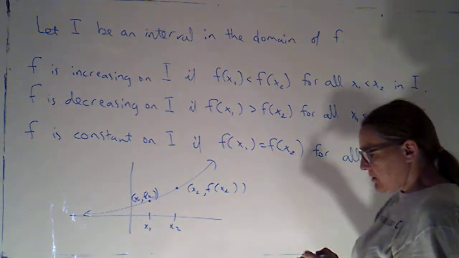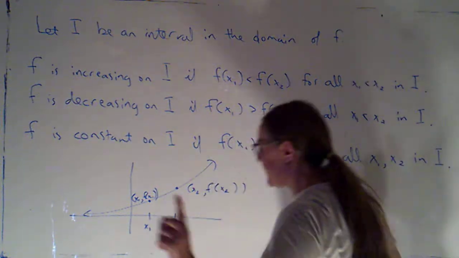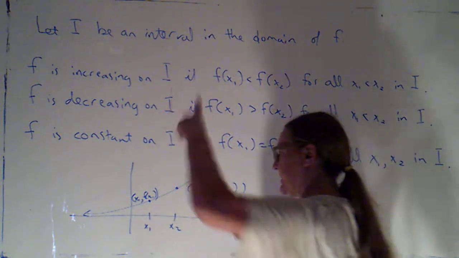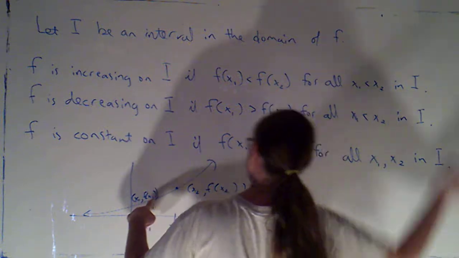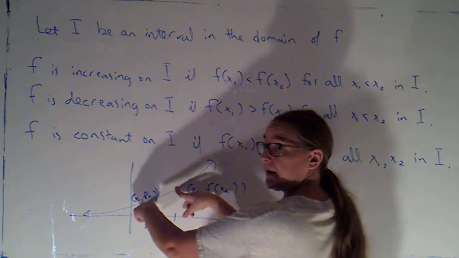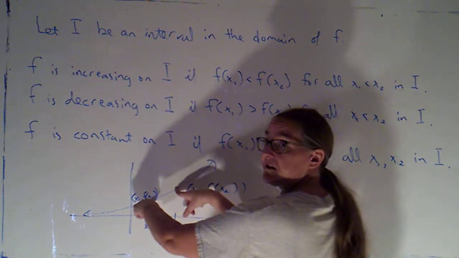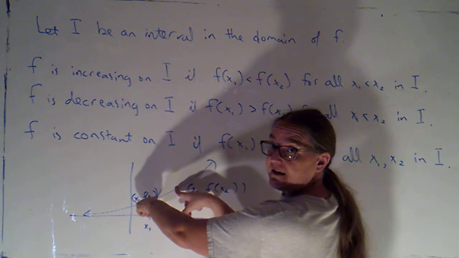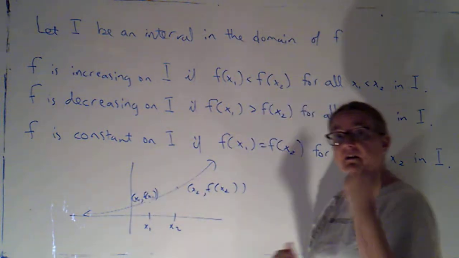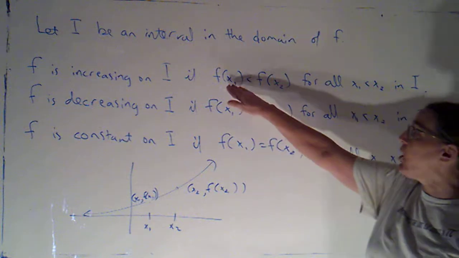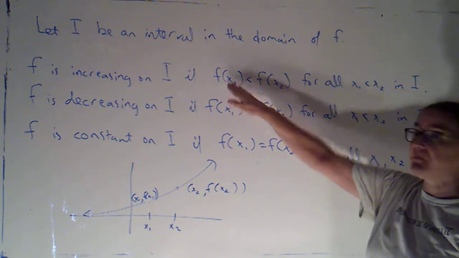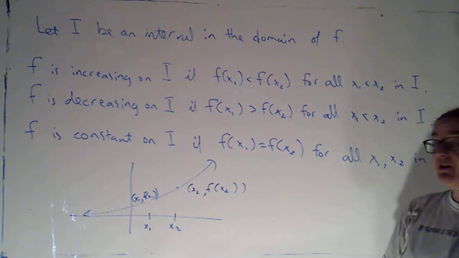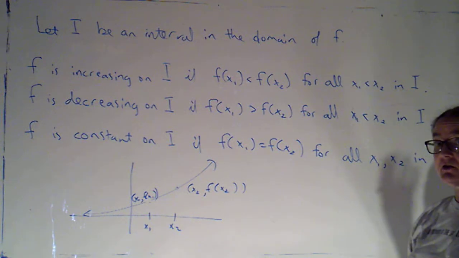Okay. So if I put my fingers down on the graph, and I put this finger from my left hand on the leftmost point, and this finger from the right hand on the rightmost point, the left hand is lower than the right hand. This just says the left point has a lower y value. Okay. That is the definition of increasing on an interval.